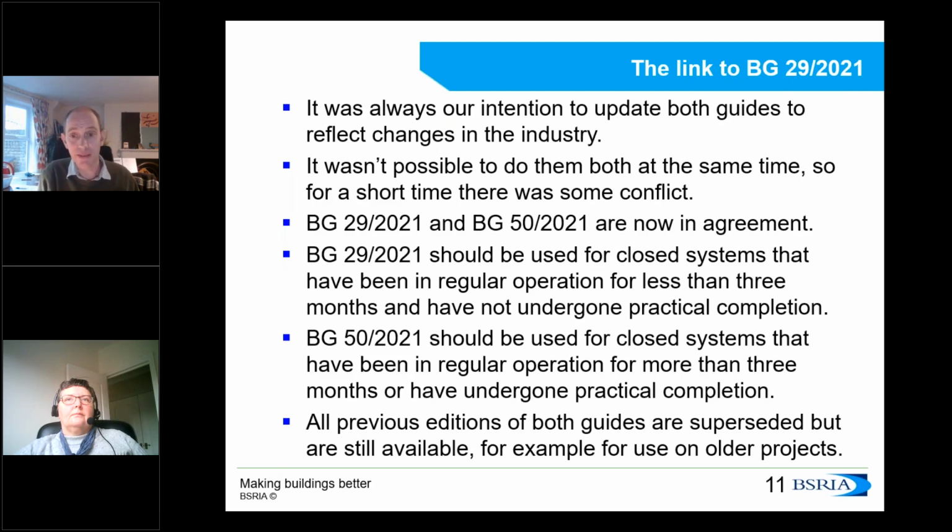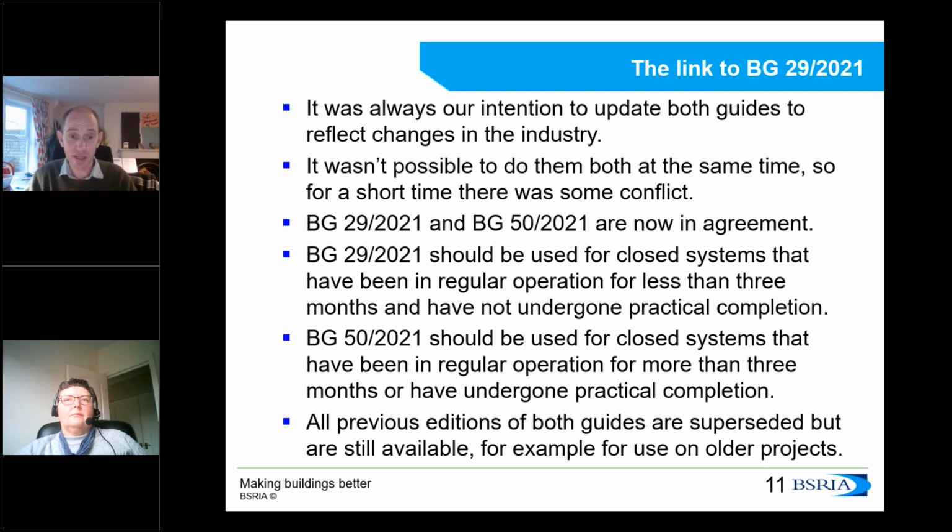The cutoff between them is either at the point of 3 months of regular operation, or if it happens first, practical completion. So the general idea is BG29 is about pre-commission cleaning.